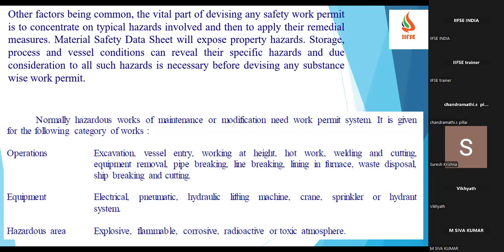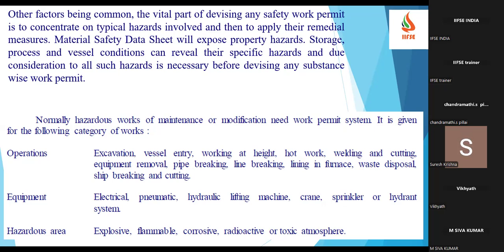Then normally for the hazardous works of maintenance or modification, we need to have a work permit system. They give in detail, one for the operations, for the equipment, or for the hazardous area. As we saw in our previous discussions, there will be a requester, a permit issuer, then an authorization person.